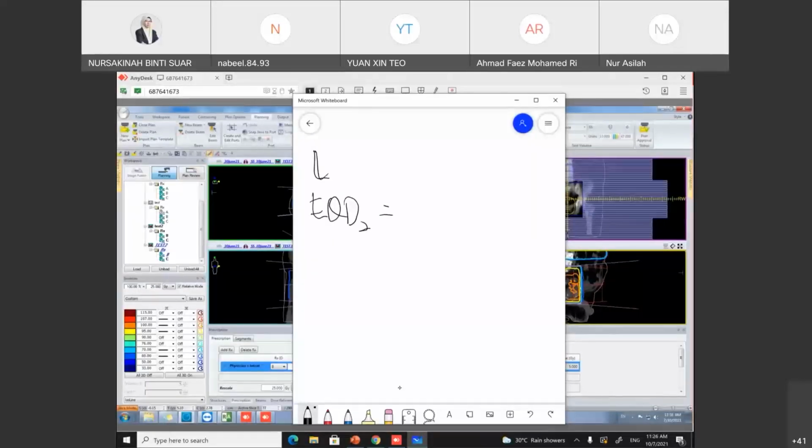The formula for equivalent dose to 2 gray is the prescribed dose times dose per fraction plus alpha beta, divided by 2 plus alpha beta. Here, you have to choose which alpha beta you want to use.